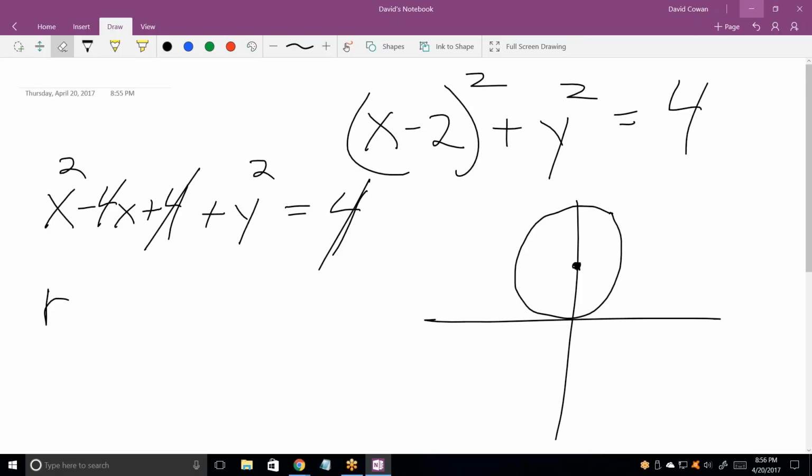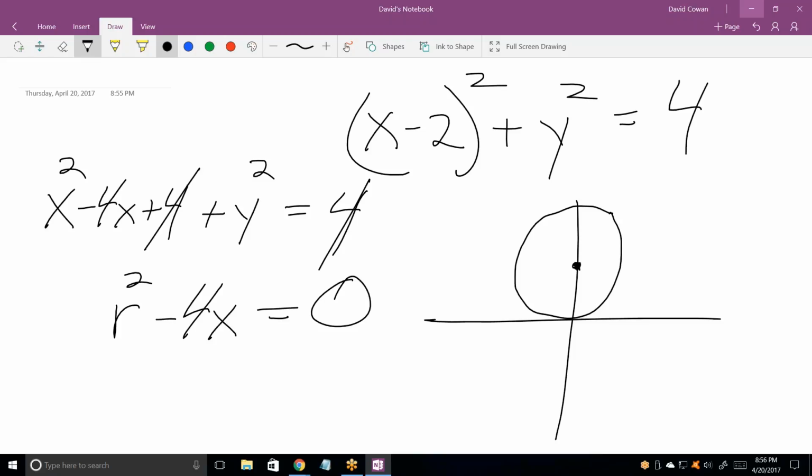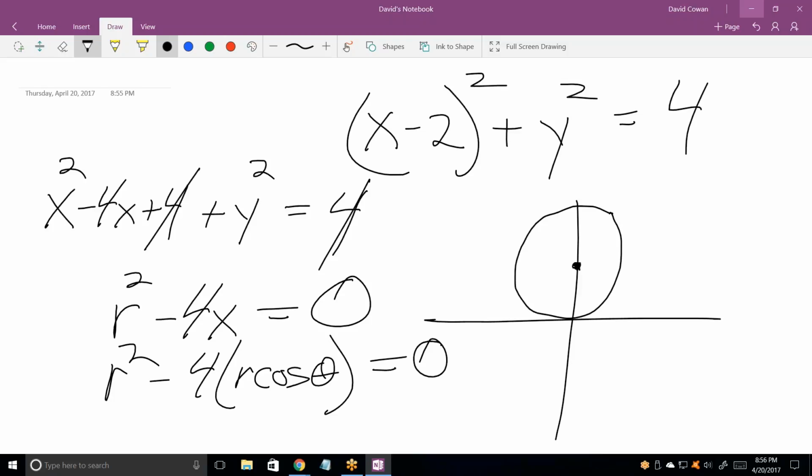Easier way. I got an x squared plus y squared. I'm just going to substitute r squared for that. So r squared minus 4x equals 0.